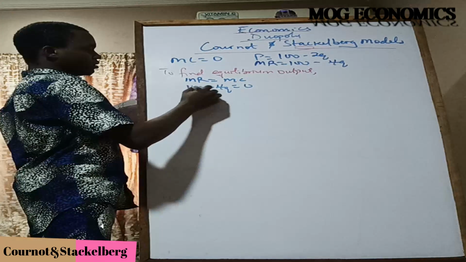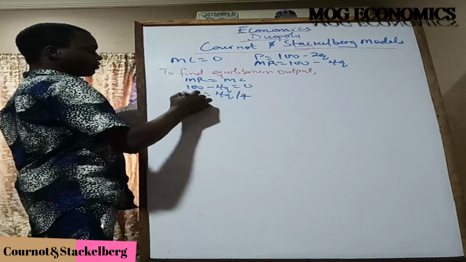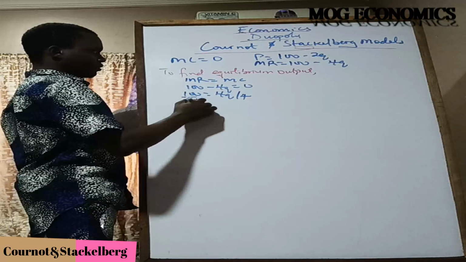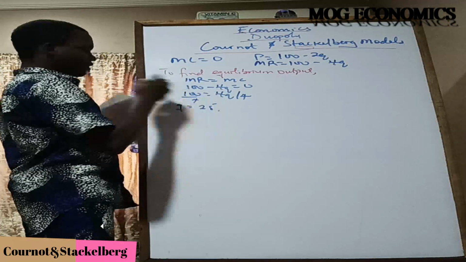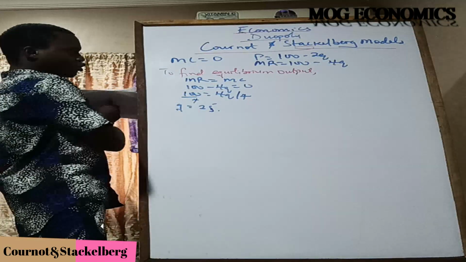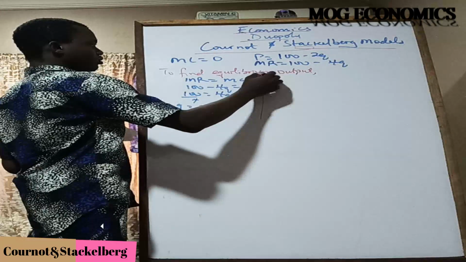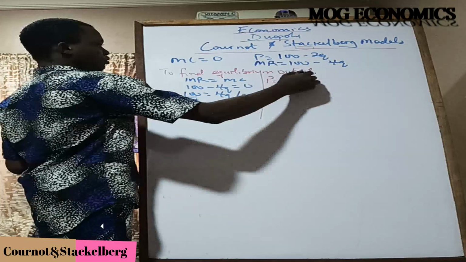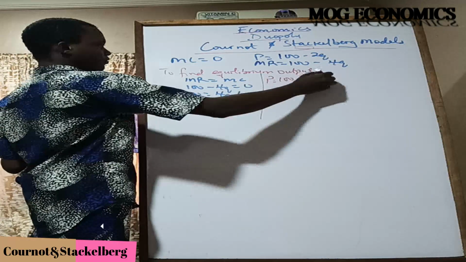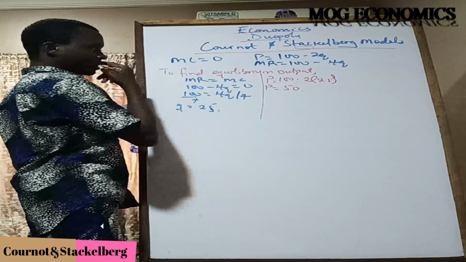So 100 equals 4Q. You divide both sides by 4. Q equals 25. So Q is 25, then price. You must be so used to this kind of question now. So price is going to be equal to 100 minus 2 into bracket 25. So the industry price is 50.